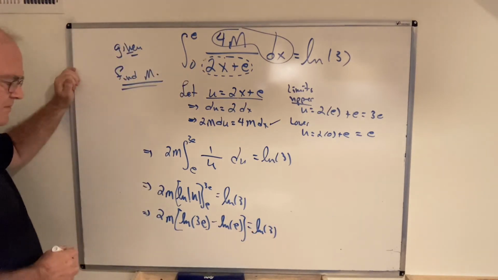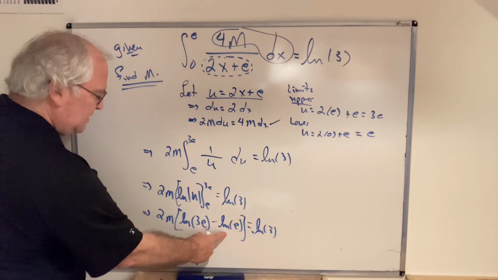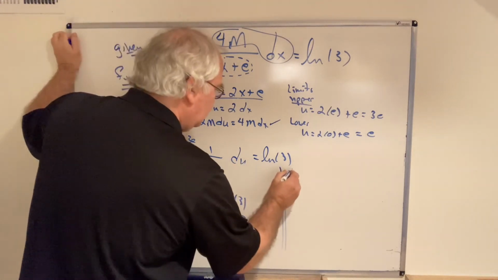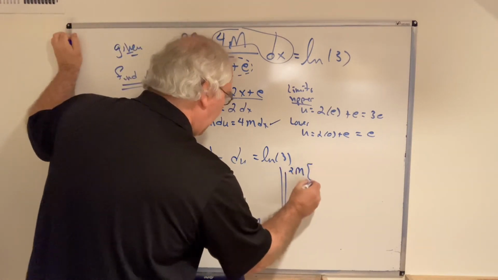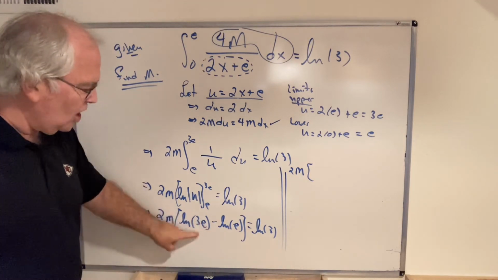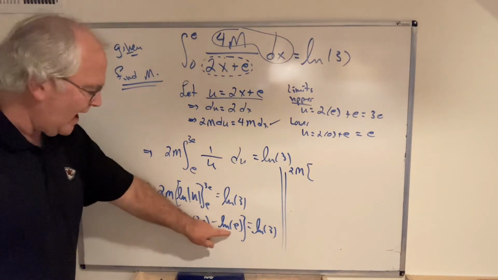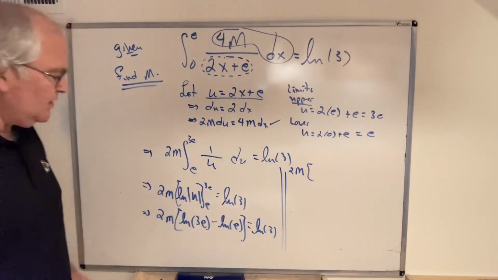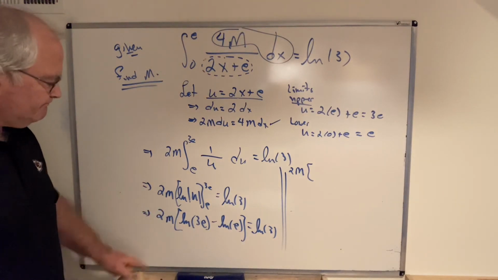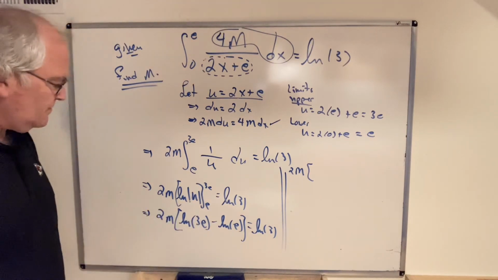So far, so good. Evaluate this expression. This is 2m times, now, this is a tricky bit. When you subtract the logs, that becomes the log of the quotient. There are a couple of ways to do this. One way to think of it is it's just the log of the quotient.